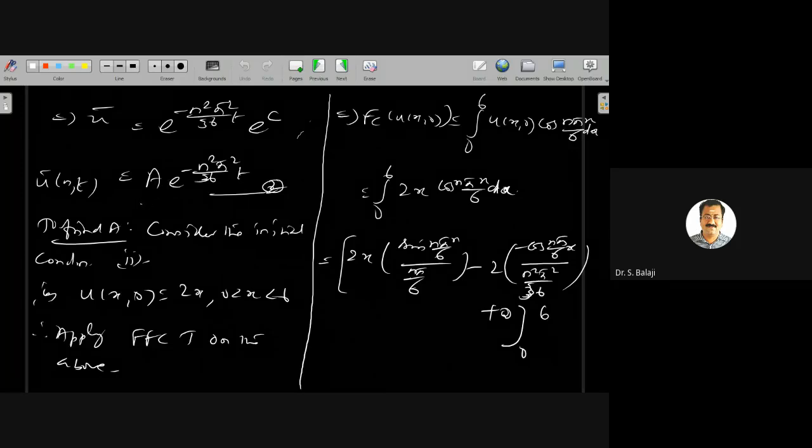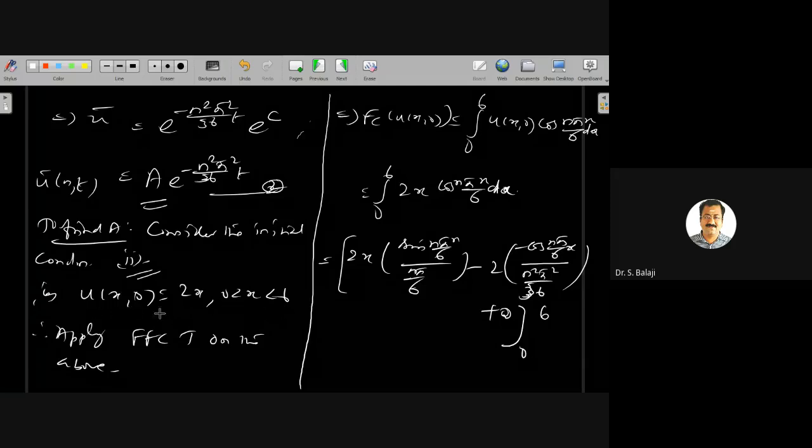Now to find A, consider another initial condition: u(x, 0) equal to 2x, for 0 less than x less than 6.